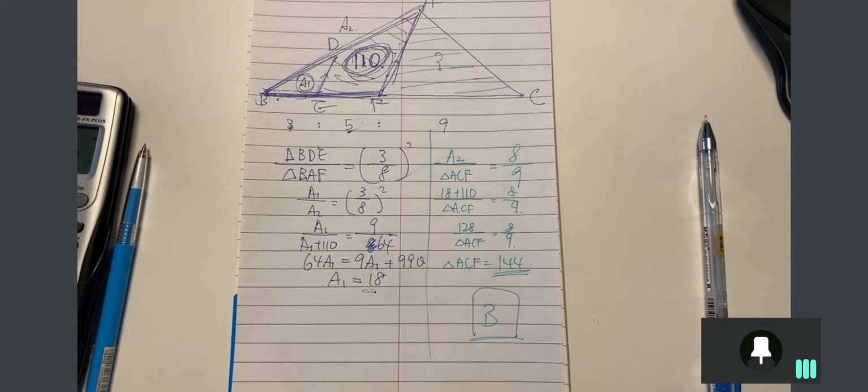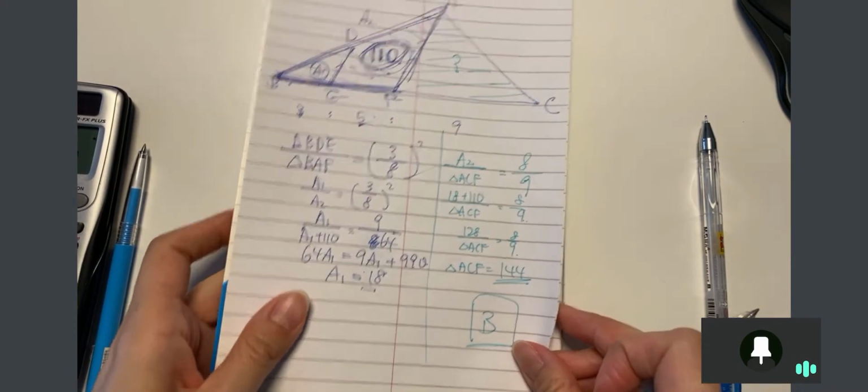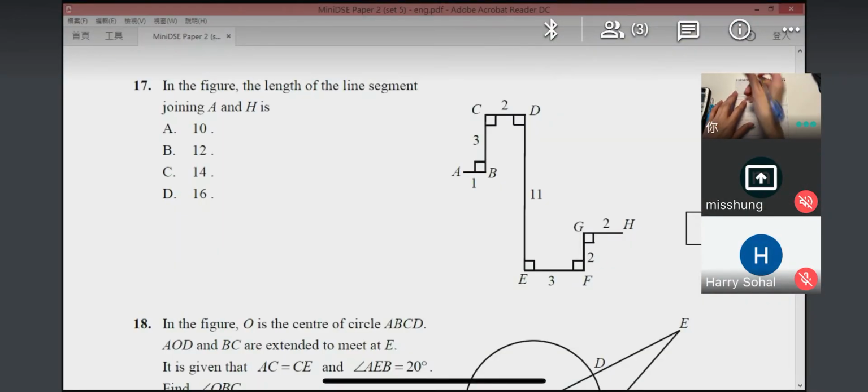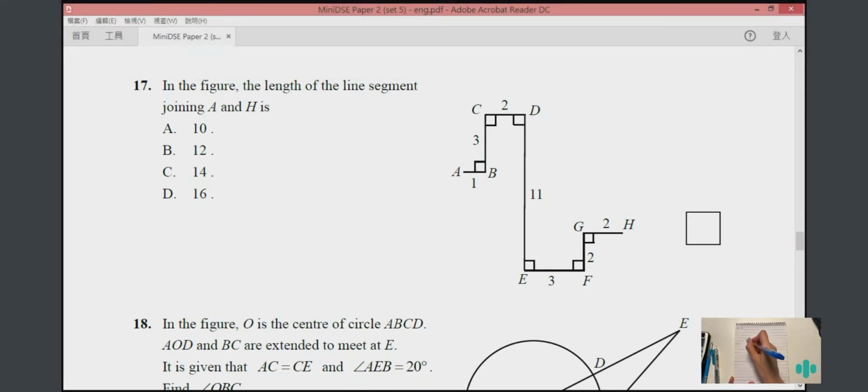Okay, number 17. Number 17 is a very tricky question. But once you find how to get it done, for every question like this, you can do it this way within 10 seconds. Okay, I draw the figure in this way first.